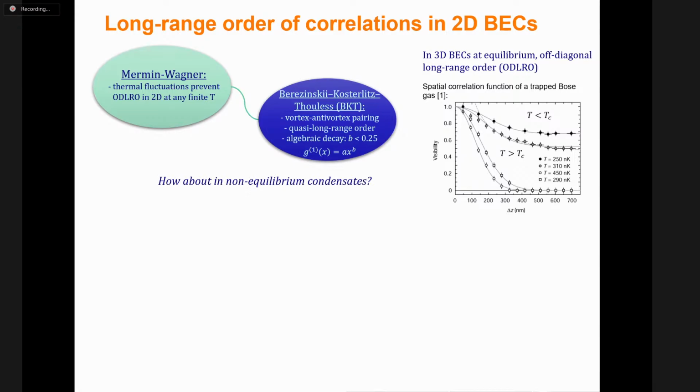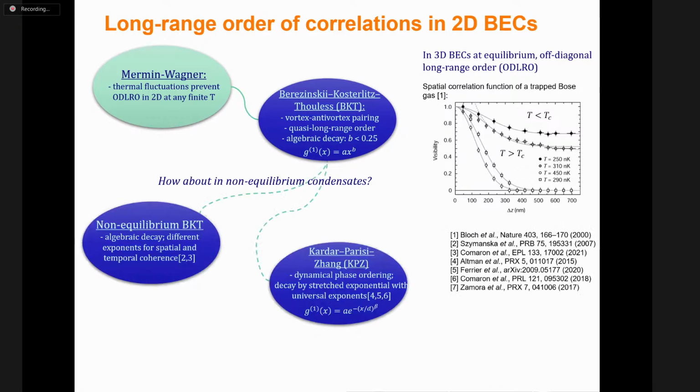And in our case, the condensate is in the region of non-equilibrium condensates, and there it has been predicted in theory that a similar mechanism to the Berezinskii-Kosterlitz-Thouless one could happen also in the non-equilibrium case, but then the spatial and temporal correlations would show different exponents.